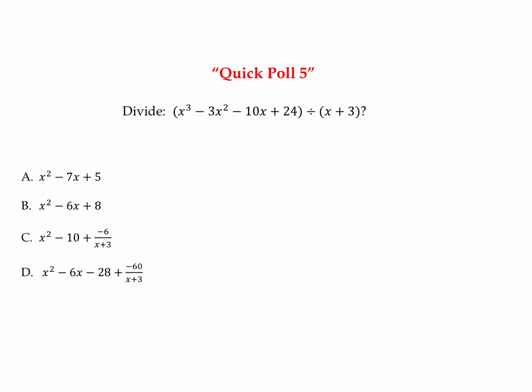All right, divisor is x plus 3. That is possible to use for synthetic division. The only thing that we need to make sure is we write it as x minus negative 3. So our divisor is negative 3. My coefficients, I have 1x cubed, negative 3x squared, negative 10x to the first, and 24x to the 0.